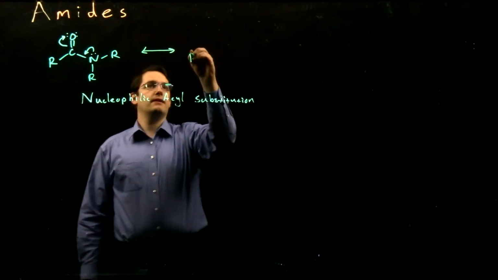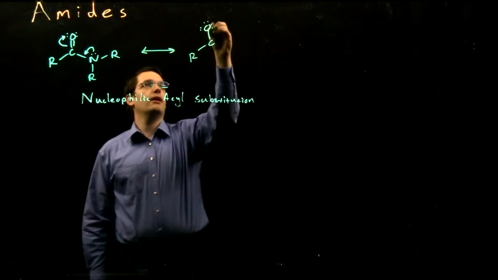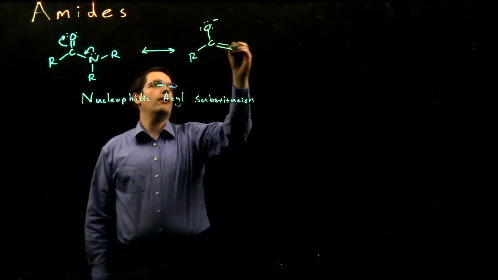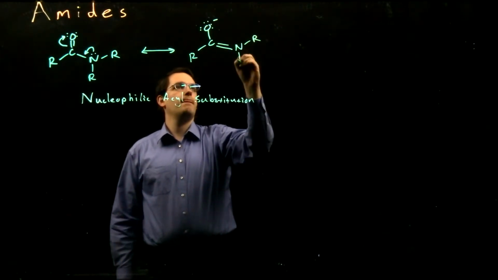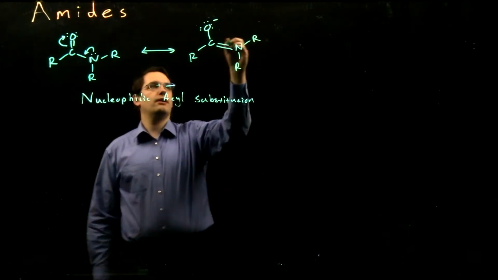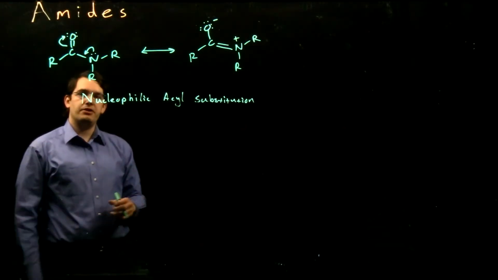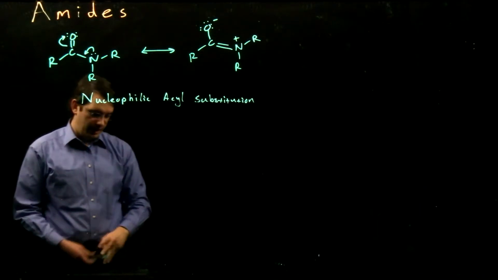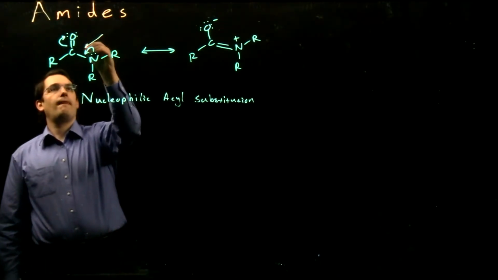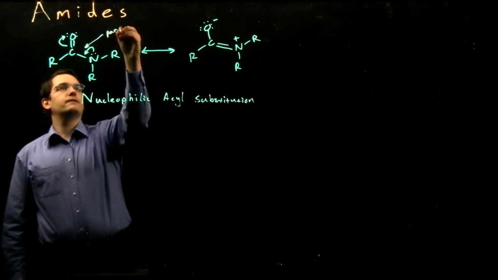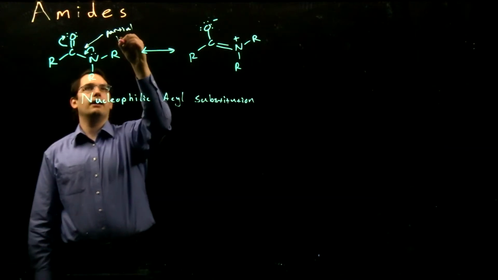And so this means that we have a significant resonance contributor here where our nitrogen is double bonded to our carbon and our oxygen is taking that negative charge. Right? So this carbon-nitrogen bond actually has somewhat of a partial double bond characteristic. And of course this also means that our nitrogen here isn't a particularly great leaving group.